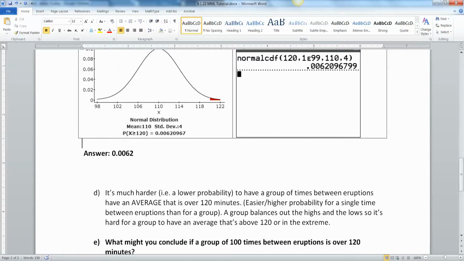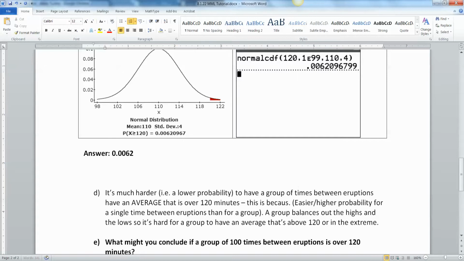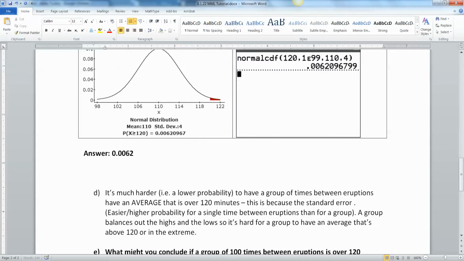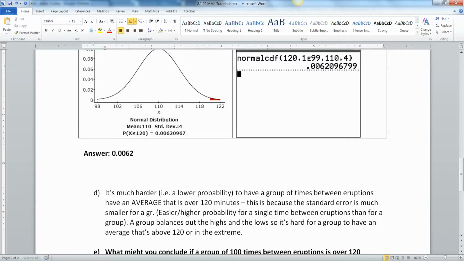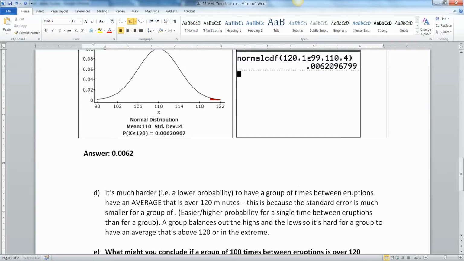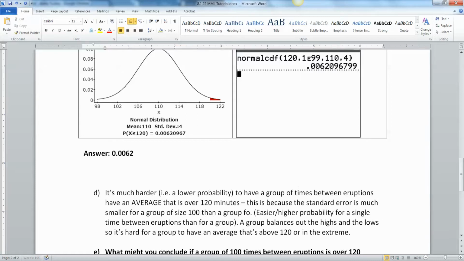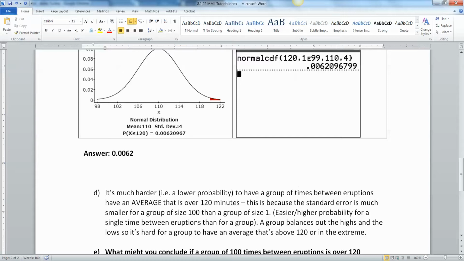It's much easier, and you can say this is because the standard error is much smaller for a group of size 100 than a group of size 1, or 40 for that matter. It's much easier to have a single time that's 120 minutes.